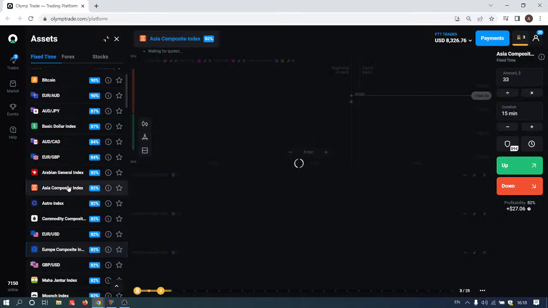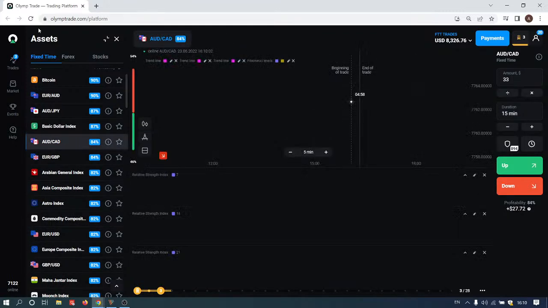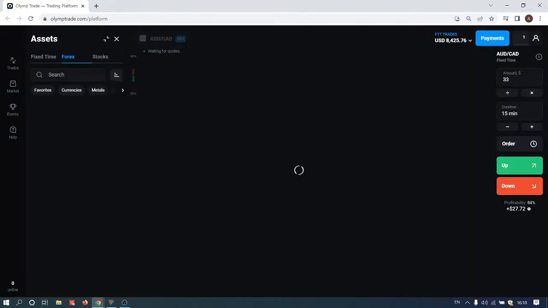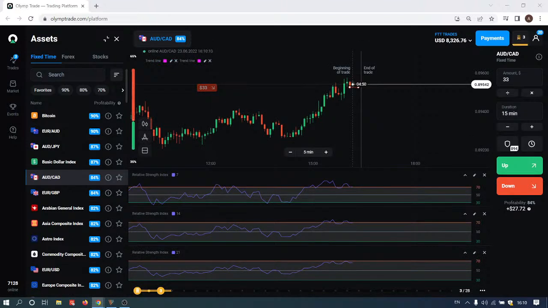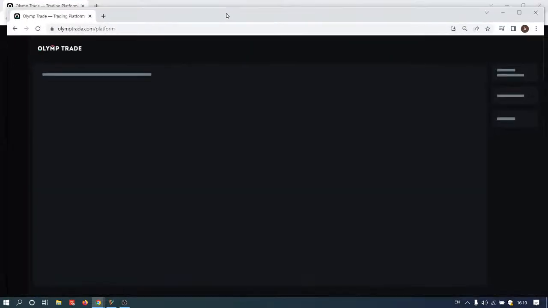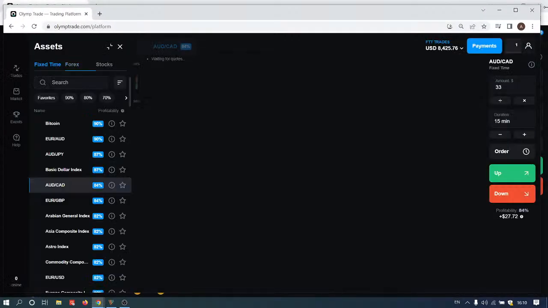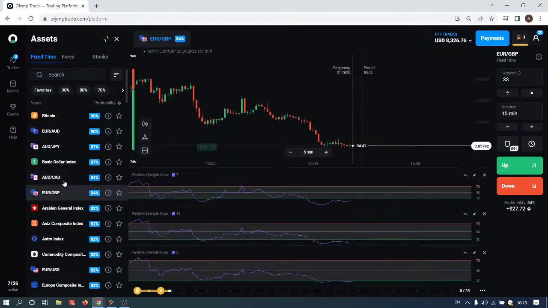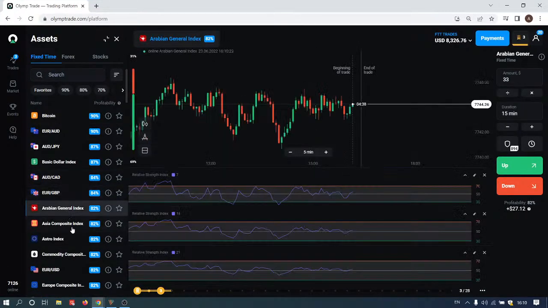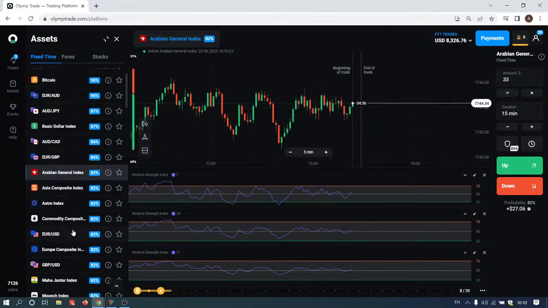Wow, why is it happening on some assets? Yes, I don't understand. All right, something probably happened to my platform. Okay, so let me just open another window. I don't know, it's just very strange. Okay, let's try again. It never happened to me before, so probably the problem lies within my computer.